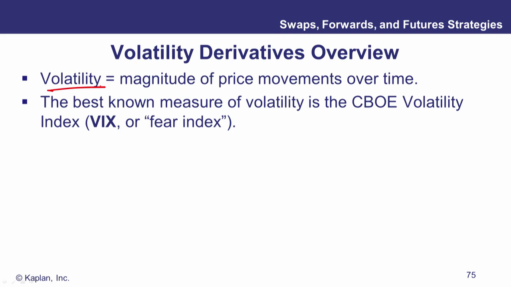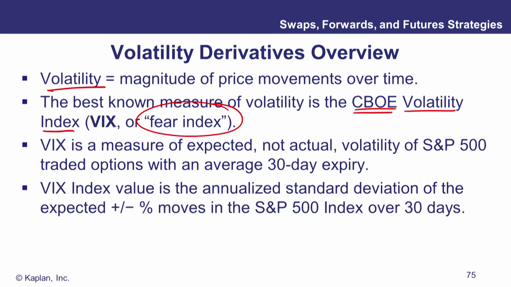So actually the Chicago Board Options Exchange does publish a volatility index called the VIX, sometimes referred to as the fear index because of the way that it picks up when markets are fearful. So the volatility index tells us what the expected, in other words the implied, volatility of S&P 500 traded options is, with an average 30-day expiry.